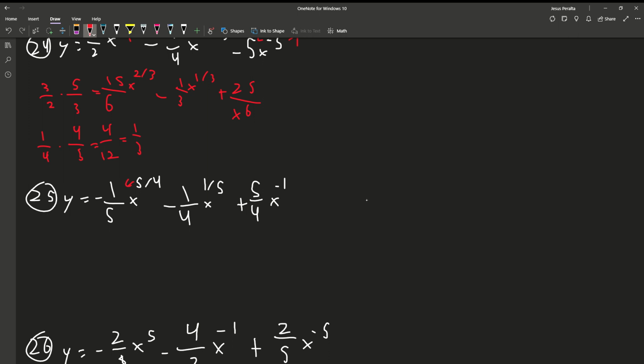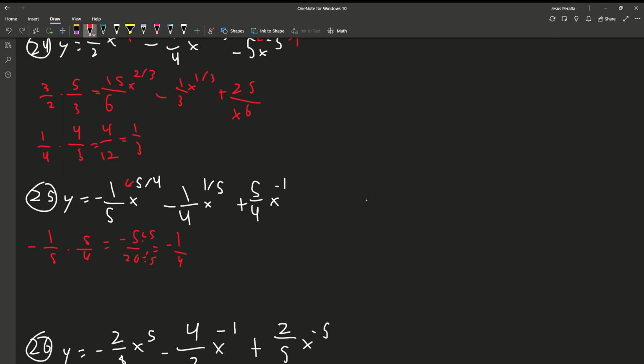25. Multiply this is the same thing as saying -1 over 5 times 5 over 4, which is equal to -5 over 20, which is the same thing as -1 over 4. Because the 5, you can divide this by 5, divide this by 5, what's 5 divided by 5? 1. What's 20 divided by 5? 4.